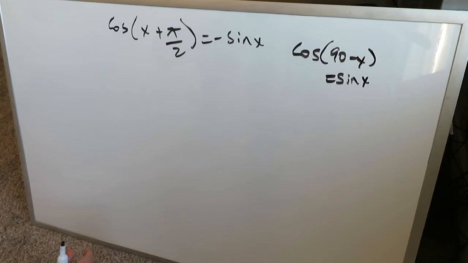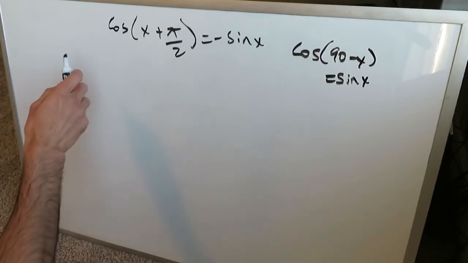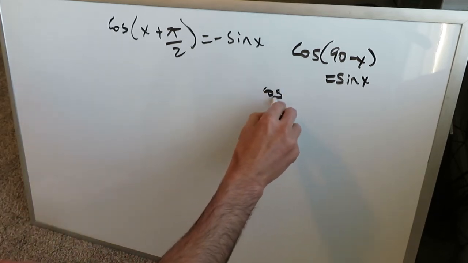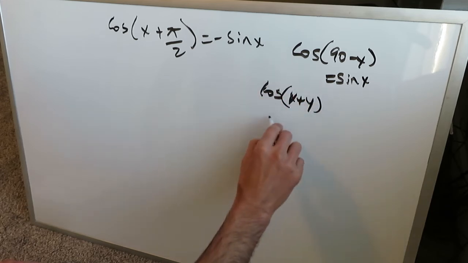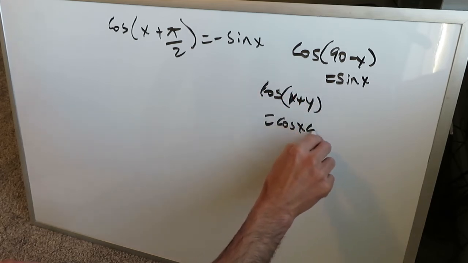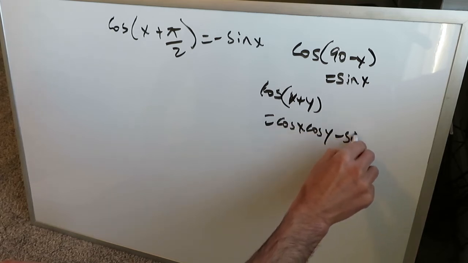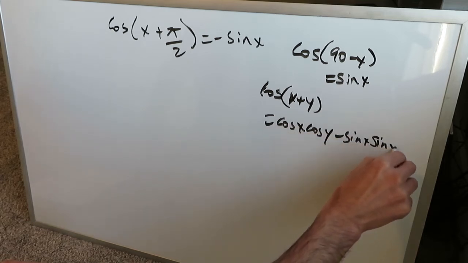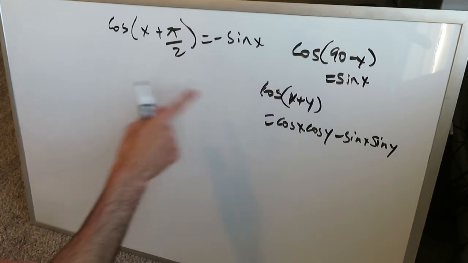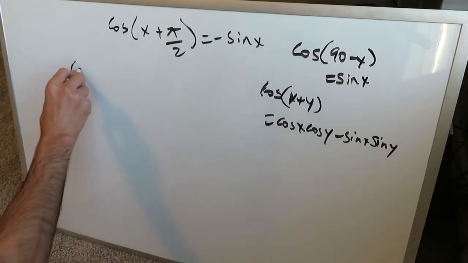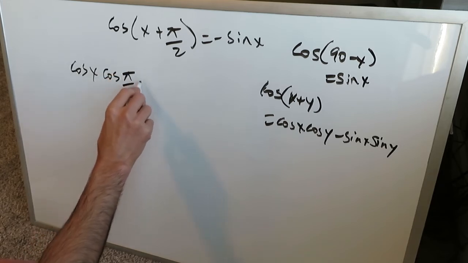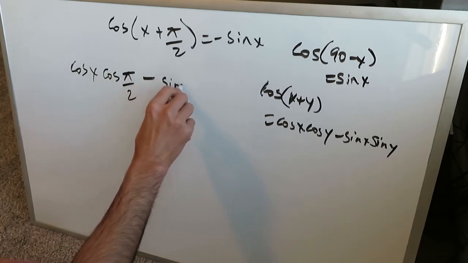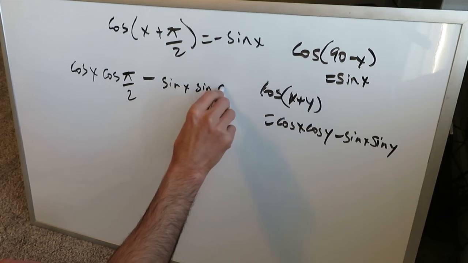This is one of those sum and difference types of identities, where cosine of x plus y is equal to cosine x cosine y minus sine x sine y. That's all you're doing over here. You'll do cosine x times cosine of 90, which you know will be 0, minus sine x times sine of 90.